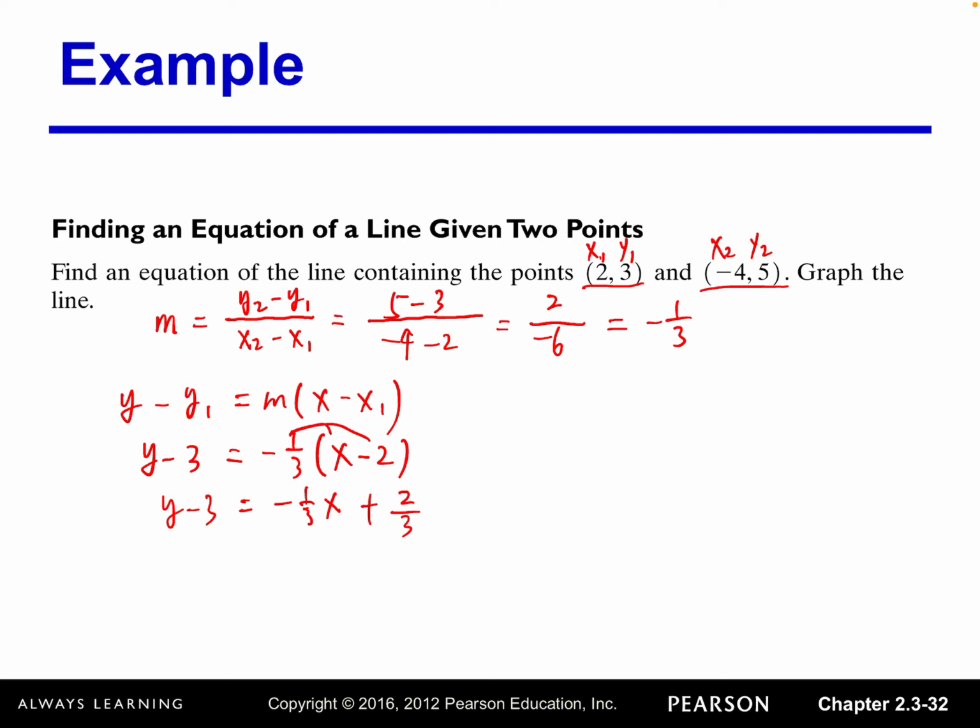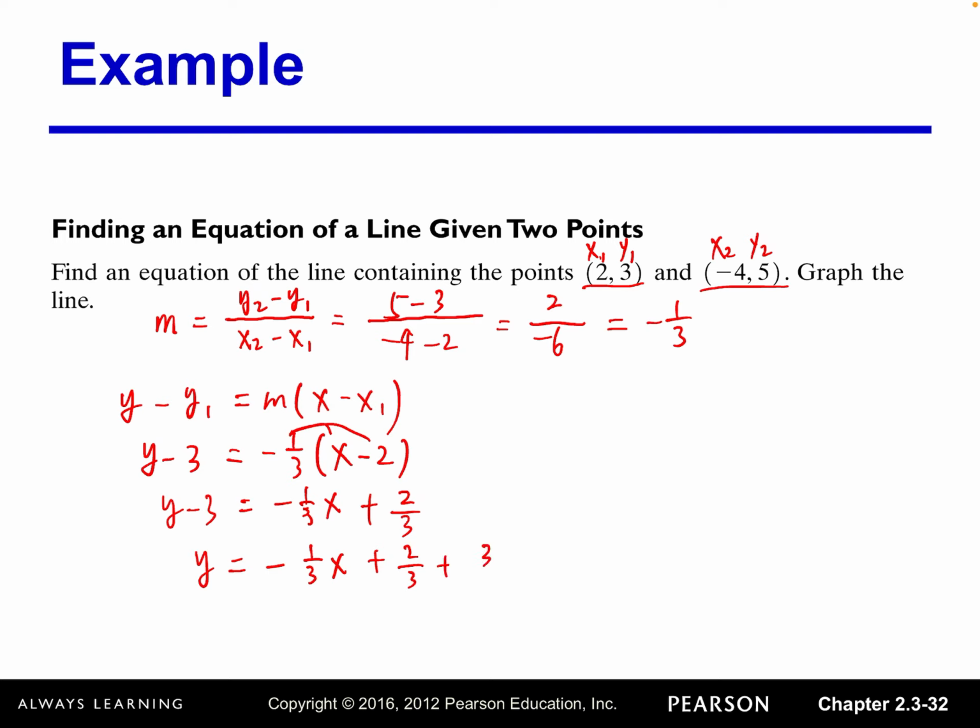Minus negative, minus times minus becomes a positive. And then add a 3 on both sides of the equation. y equals -1/3 of x plus 2/3 plus 3.